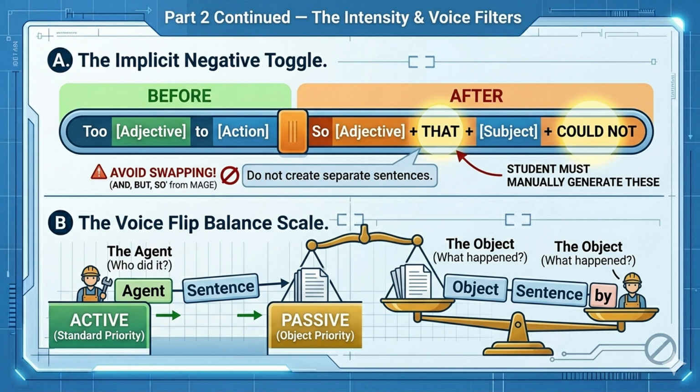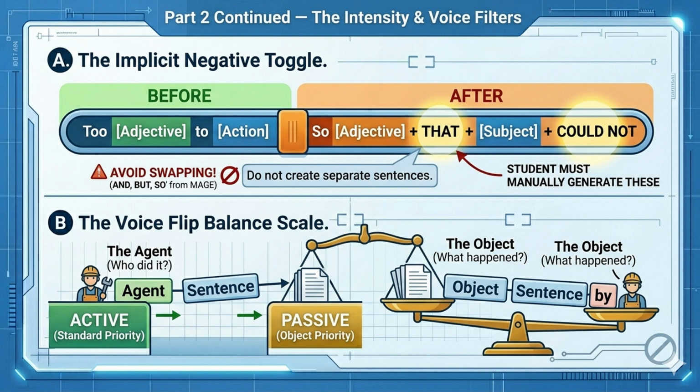Number 2. The intensity filter: too, to, so that. This transformation shifts a sentence from an implicit negative description to an explicit statement of result.